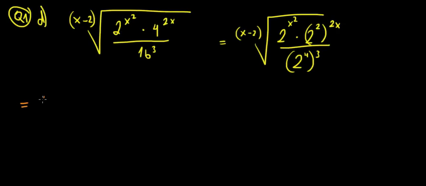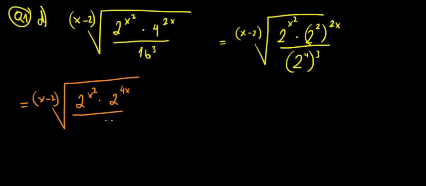So we have the (x minus 2)th root of 2 to the power x squared times 2 to the power 2 times 2x. That will be 4x, divided by 2 to the power 12. Now, before going further, let me write real quick the formula that we're using over here so we can understand it. A to the power m, to the power n, is equal to a to the power m times n.